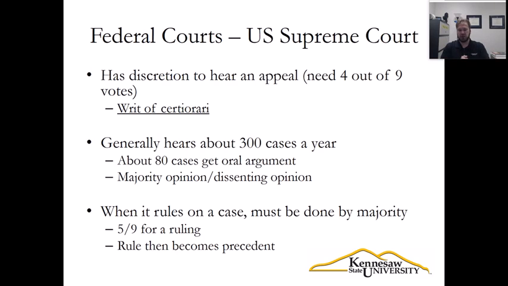So maybe, I don't know, for Miranda rights, maybe the Ninth Circuit has said that you don't have to read some of their Miranda rights, but then the Fifth Circuit has said that you do, and so the Supreme Court would hear an issue on that to say, well, we're going to resolve this issue here.